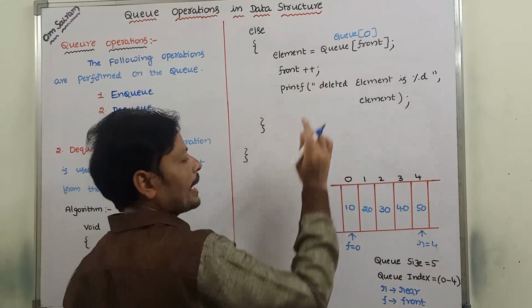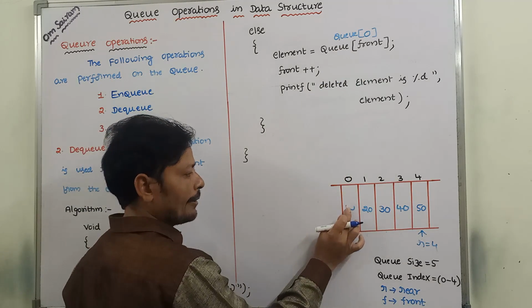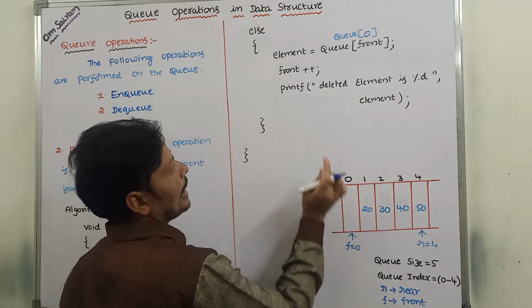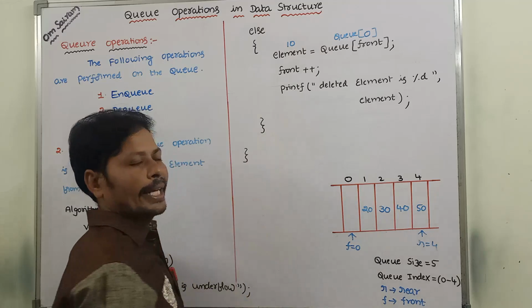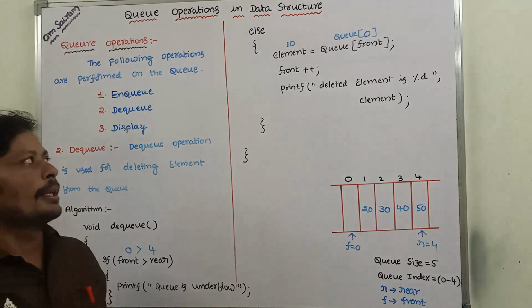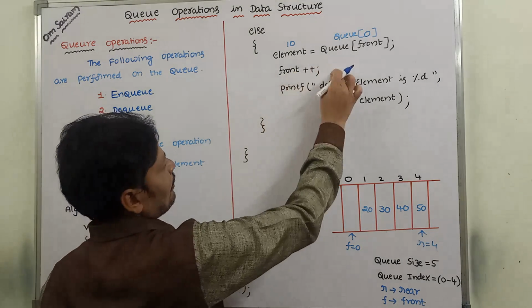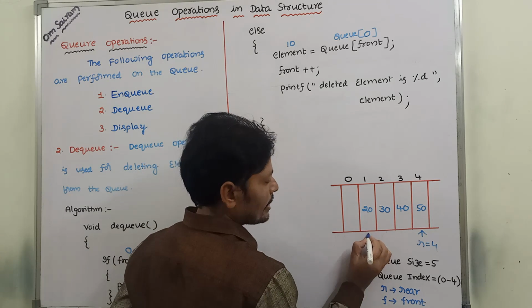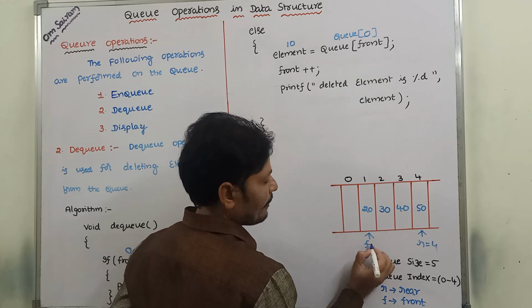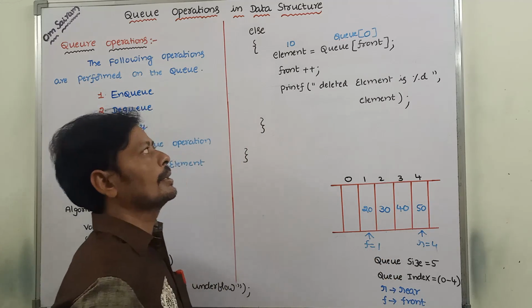That element 10 can be deleted from the queue. Then it can be assigned to element variable called element. After that, front plus plus. So front value previously 0. Now it is incremented. Now front value equal to 1.